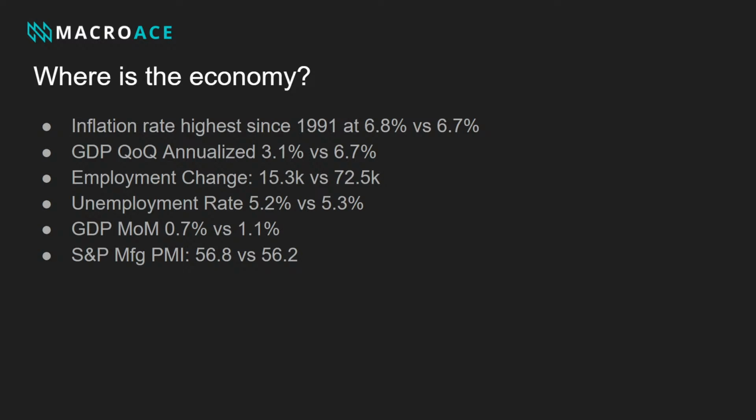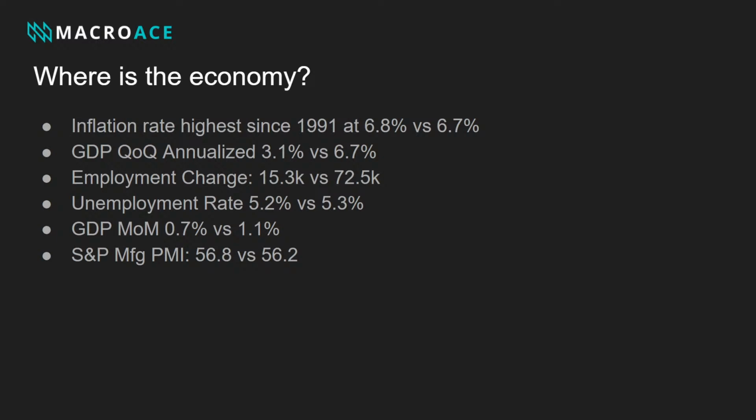So we had seen some weakening from the Canadian dollar off the back of that data. So that's the annualized rate of how much the economy is expected to grow by for the rest of the year. Employment change was lower than the previous at 15.3k versus 72.5k, and the unemployment rate was at 5.2% versus 5.3%.